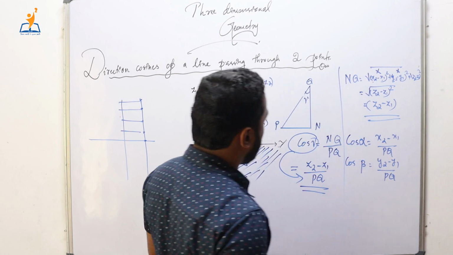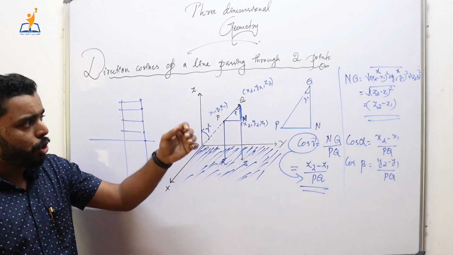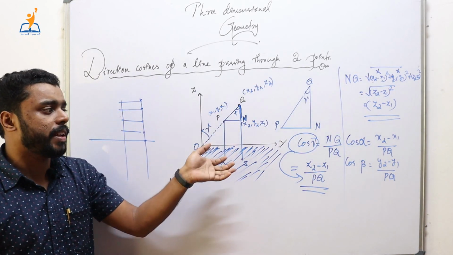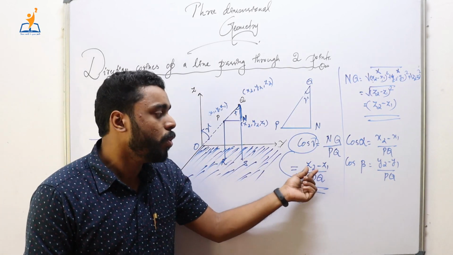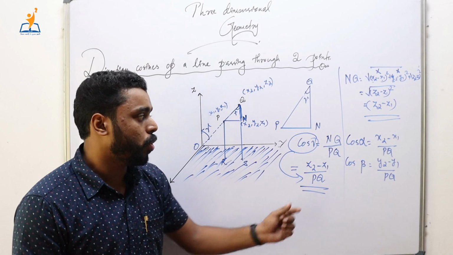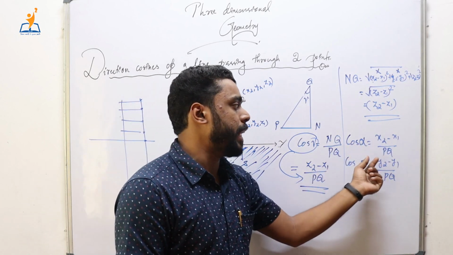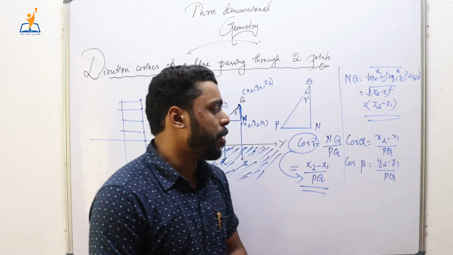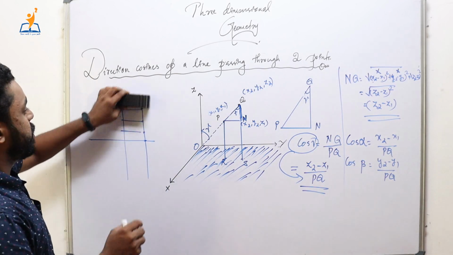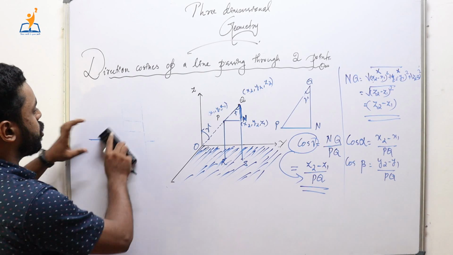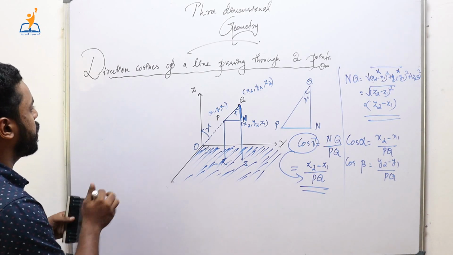All these have the same kind of derivation, just like this. You need not remember all these derivation steps. Just remember the final result. Cos gamma is equal to z2 minus z1 by PQ. Cos alpha is equal to x2 minus x1 by PQ, and cos beta is equal to y2 minus y1 by PQ. Now we shall list out all these results together.